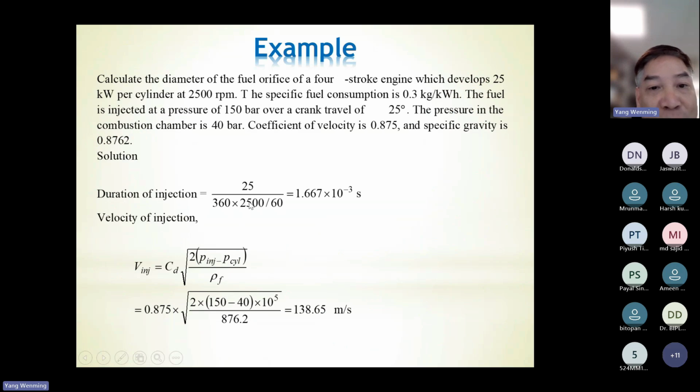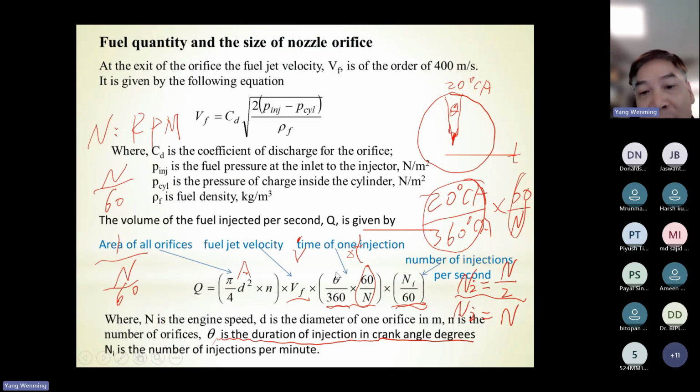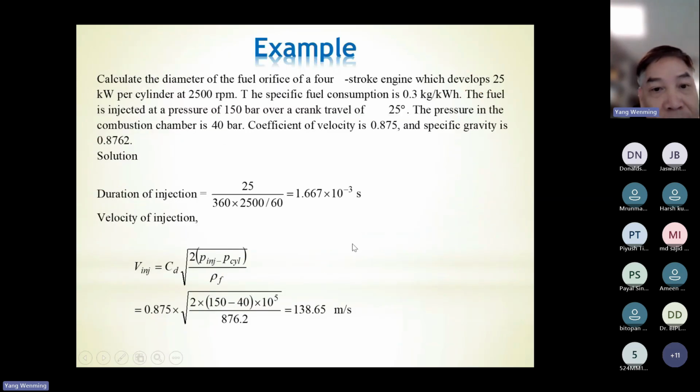So duration for injection, for 25 degrees CA, is theta divided by 316 times 60 over n. So we can find out the time for one single injection. This is the duration of injection in terms of seconds.